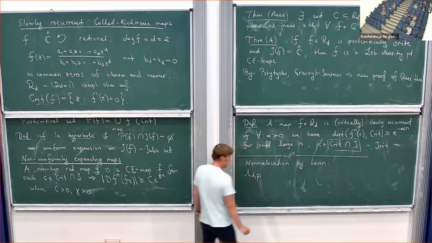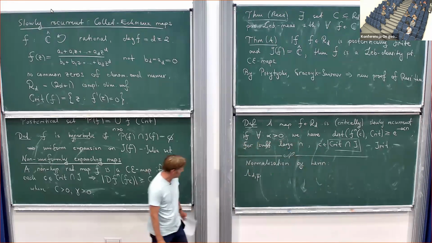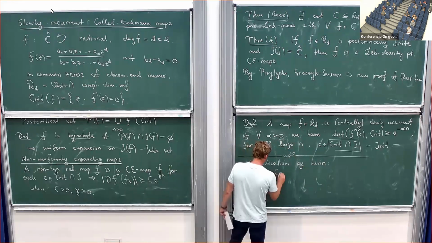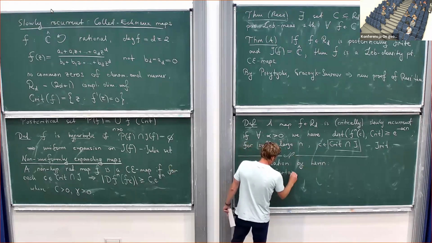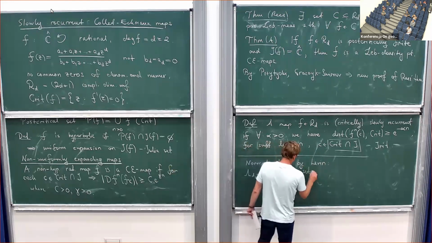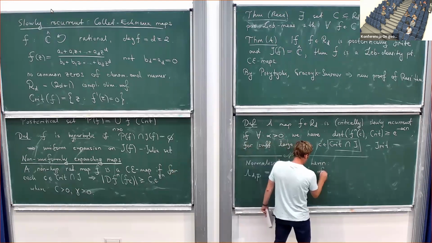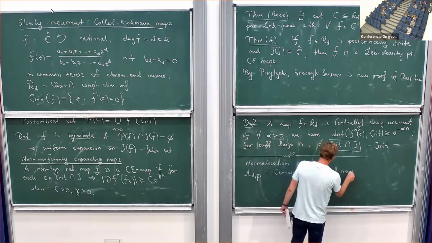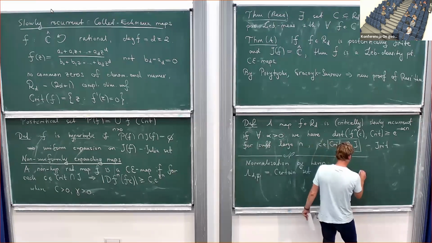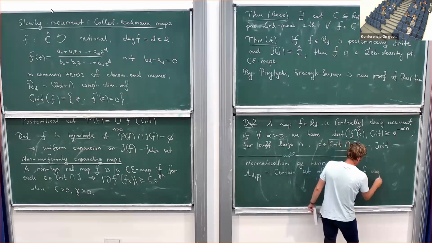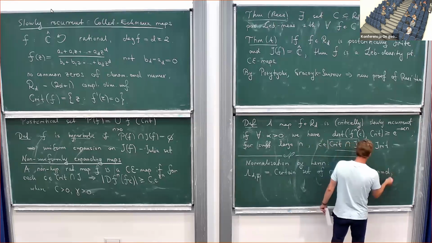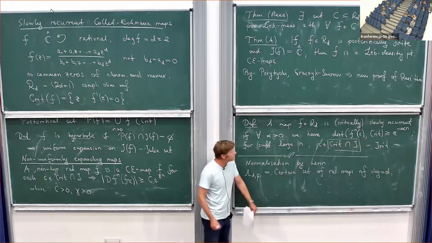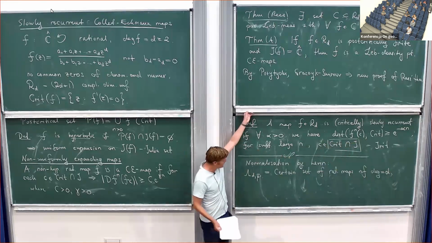You have fixed a certain set of rational maps of degree d, and we have p prime critical points, and then you have fixed multiplicities of these critical points also.